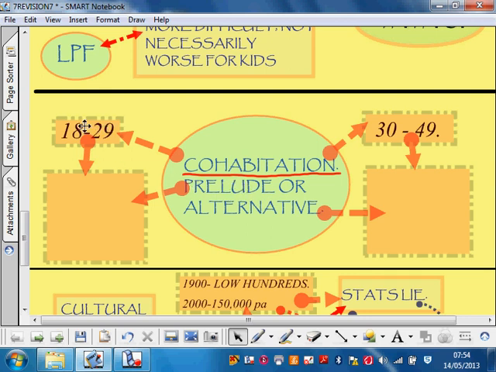So people get together, they live together for a couple of years, and then they either get married or they break up, if they're this age. However, if people are cohabiting between these ages, they seem to be doing it as an alternative. They're living together instead of getting married, and they have no intention of getting married.